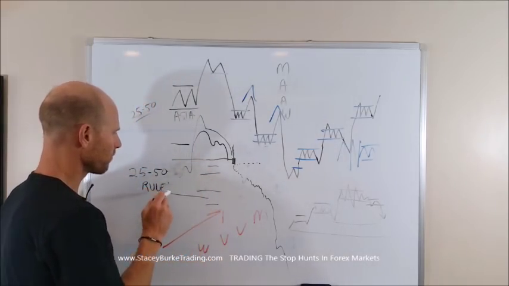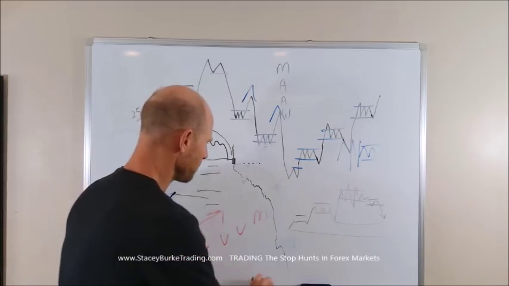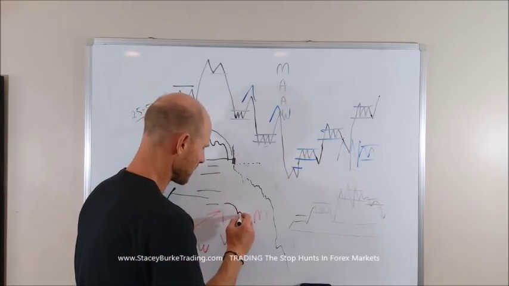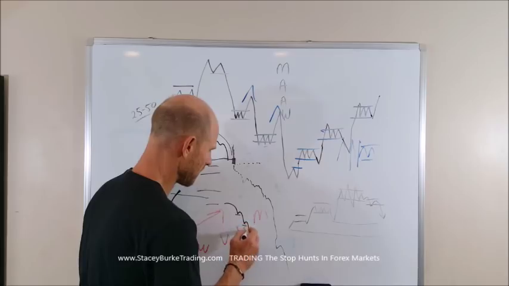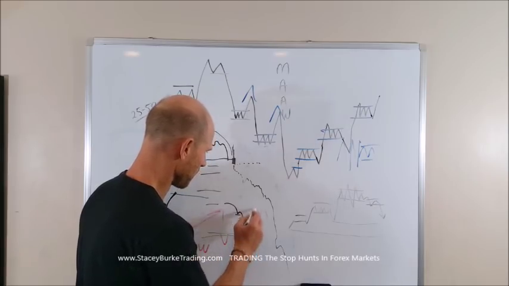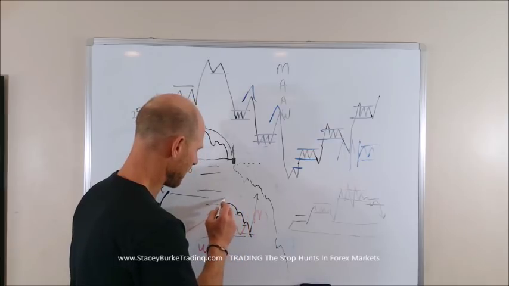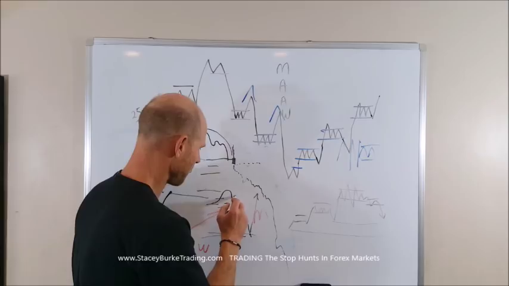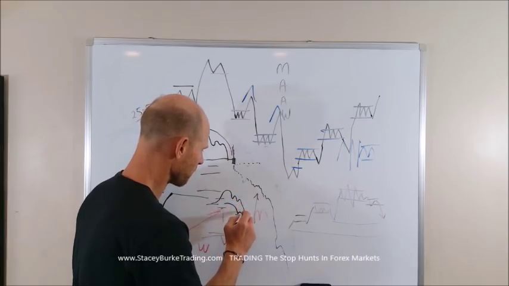But that 50 pip rule, when I see a market push 50 pips out of the box with 3 pushes down, I'll be looking at where my strike zone is, and I'll be looking to enter the market going the other way. That is different than a market that has broken daily highs and failed and started to roll over. That's a reversal day.